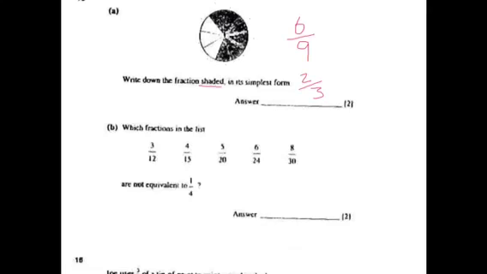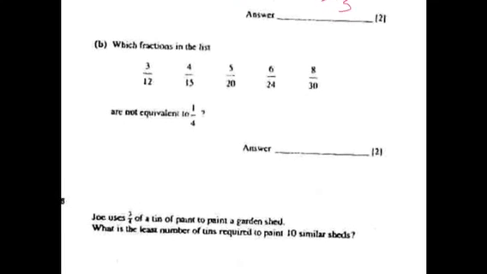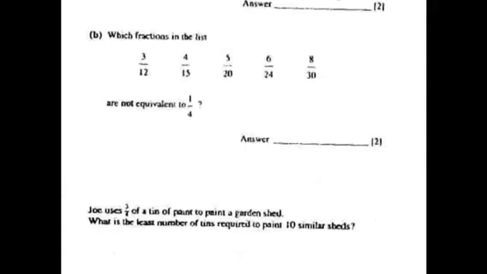Okay, part B. What fraction or which fractions in the list are not equivalent to 1/4? Well, 3/12, we can divide each number by 3, and that will give us 1/4.